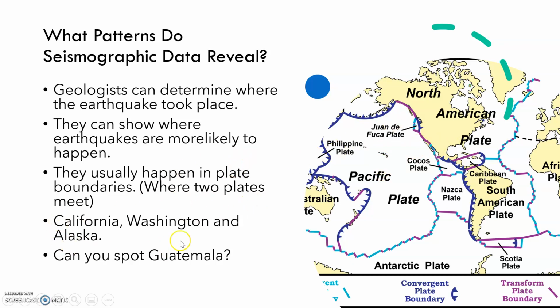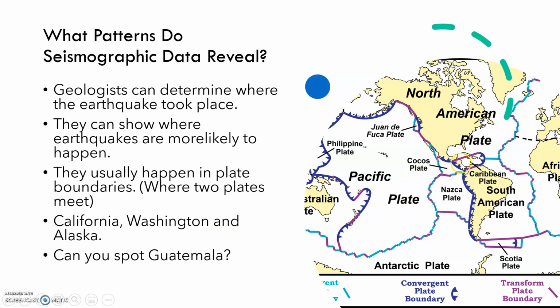And here we have some examples of what can actually happen in North America. The most vulnerable states in the United States will be California, Washington, and Alaska, because there are some boundaries passing by those places. But now my question is, can you spot Guatemala right over here in this map?